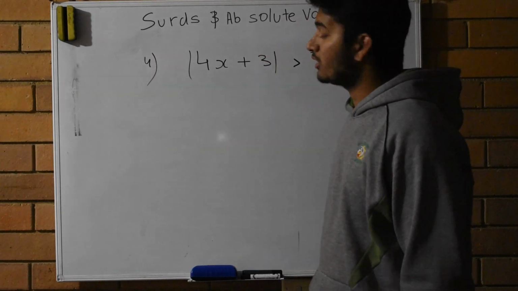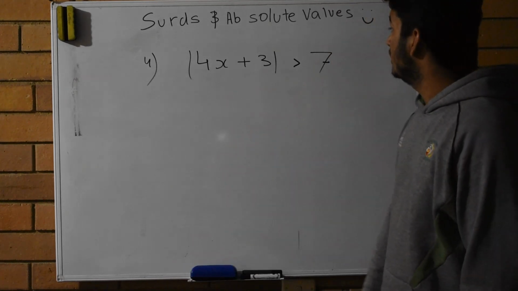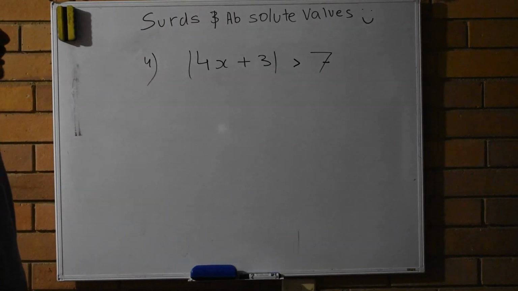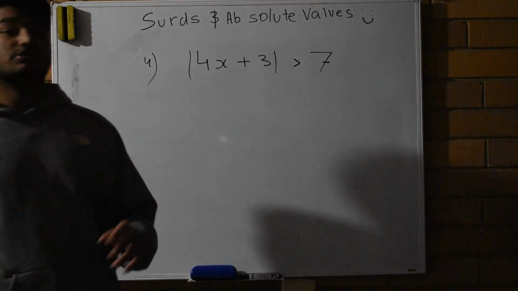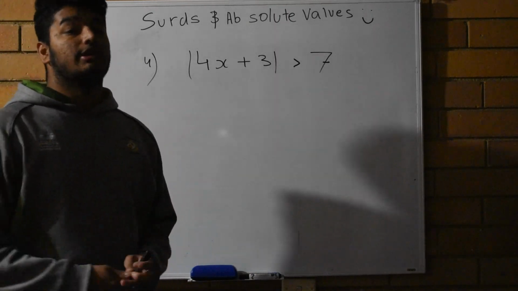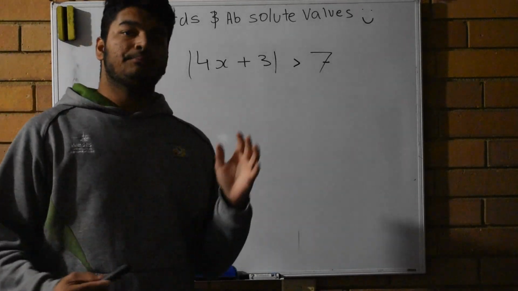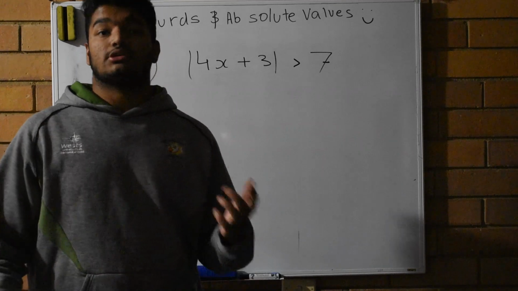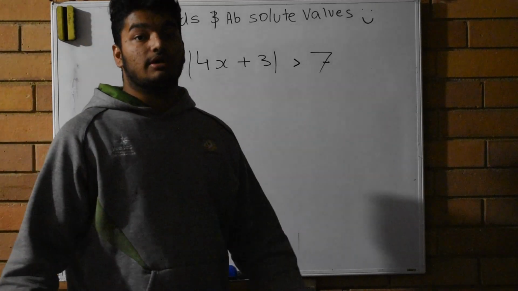Alright guys, fourth problem for the day. It's going to be an absolute value problem. So, absolute values, a little bit interesting to be honest. This is very important stuff to get your head around, especially this is sort of year 11-ish, but it's going to be very important for your university education, especially if you study something like an engineering course or harder applied mathematics or something.